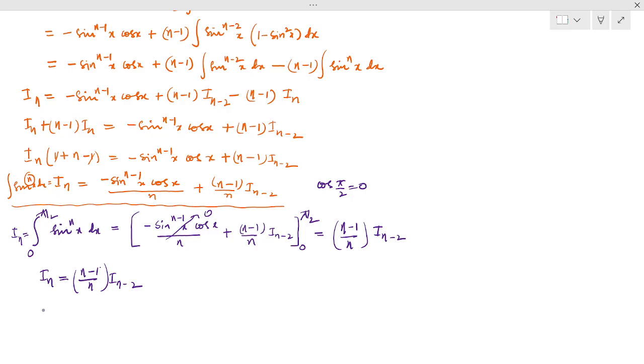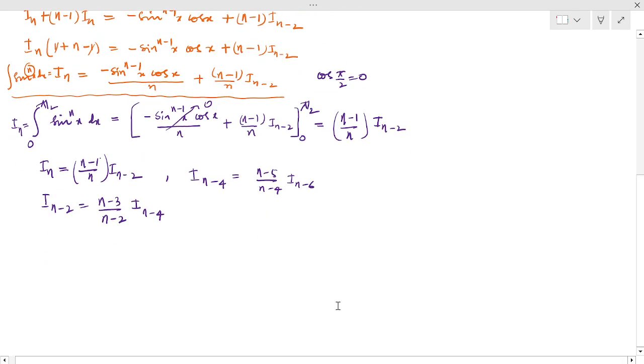Just replace n by n minus 2 in this formula. Then I_(n-2) is (n minus 3) divided by (n minus 2) into I_(n-4). Similarly, you can find I_(n-4), which is (n minus 5) divided by (n minus 4) into I_(n-6). Substitute here or here, it doesn't matter.